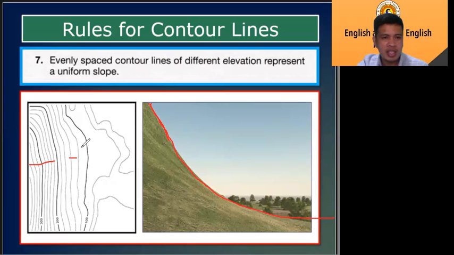As you can see, they are farther apart compared to this one. The lines are closer to each other at the top, and at the bottom they are widely spaced, right? So that is slope number 3.